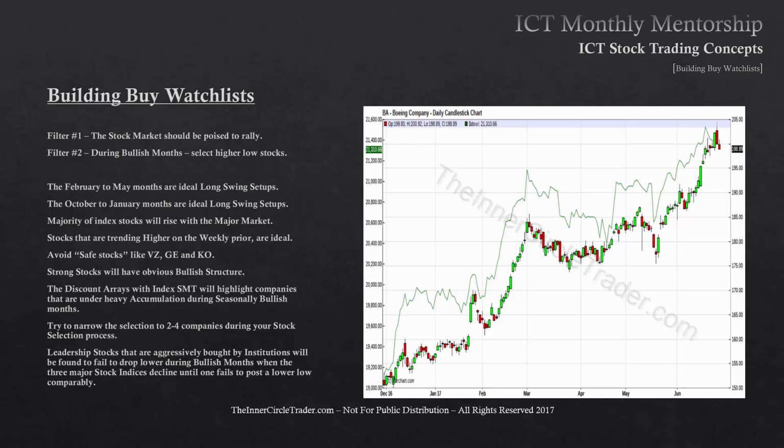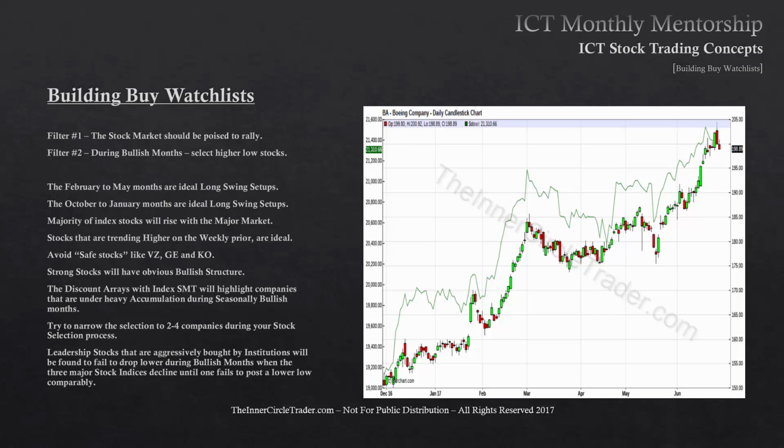The next stock that was filtered from going through all 30 stocks, and again removing Verizon, GE, and Coca-Cola, was Boeing. And the same scenario here we see in the month of January, leading into the month of February, where it begins the bullishness. Again, the context is we're going to see them buying early.